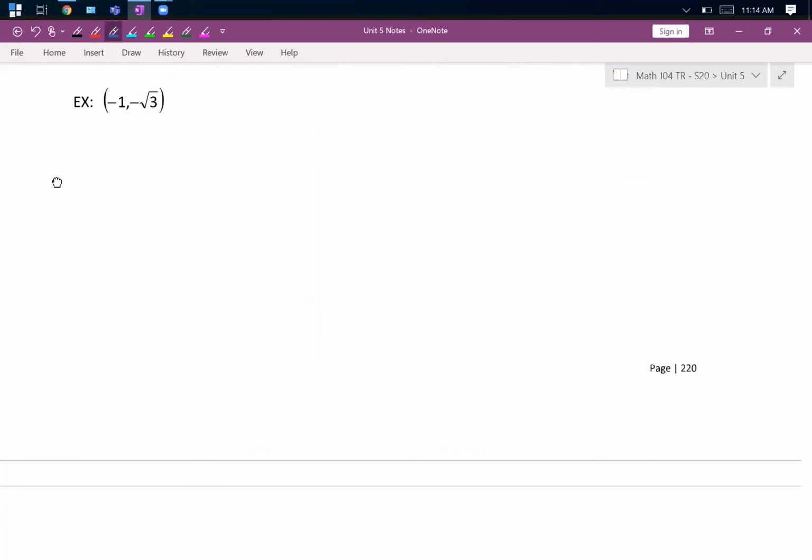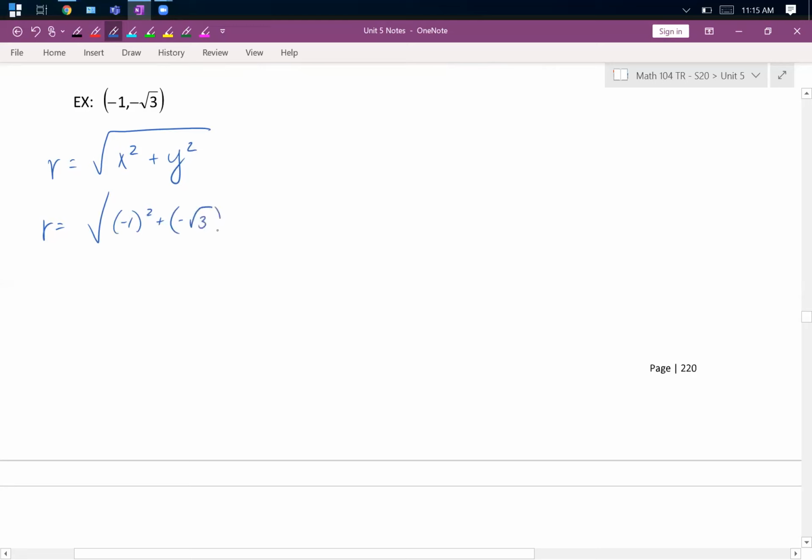Okay, our R value is going to be the square root of x squared plus y squared. So R is going to be the square root of 1 plus 3. We get R to be 2.